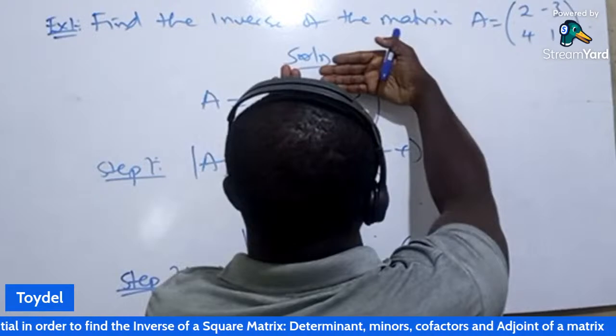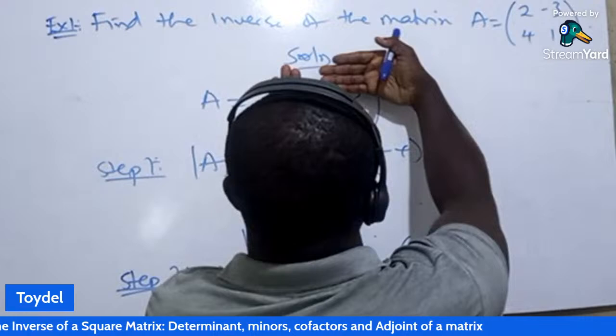Then we go to step 3. We find the minor of 2.